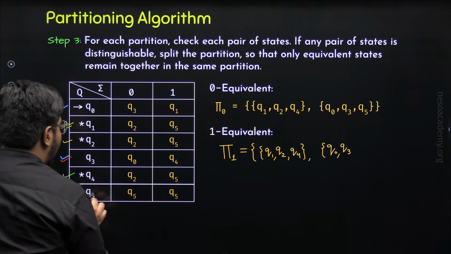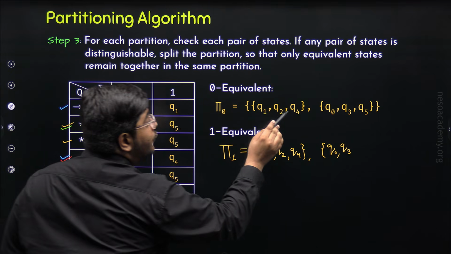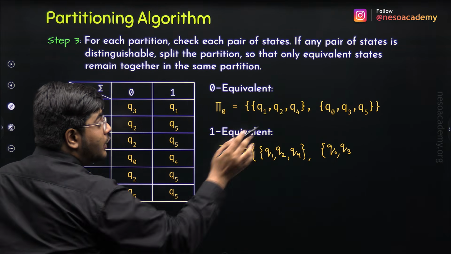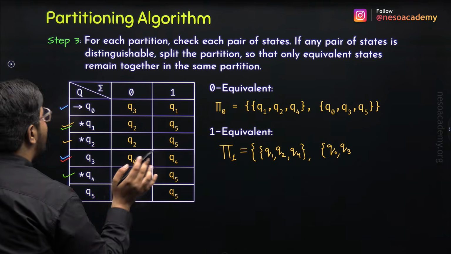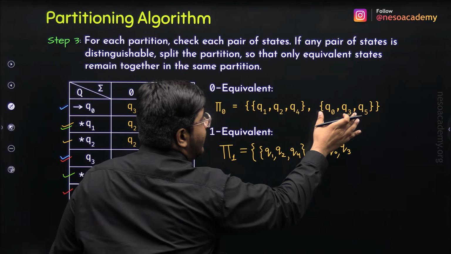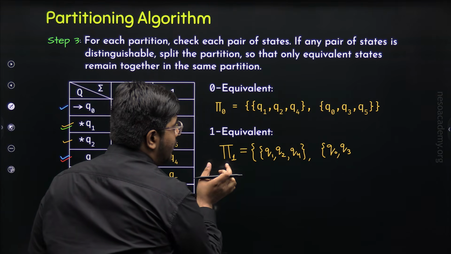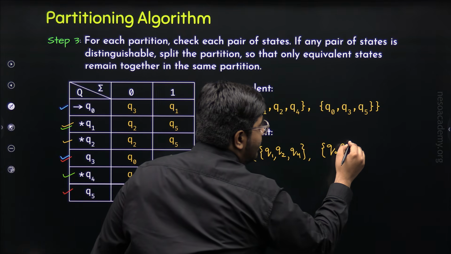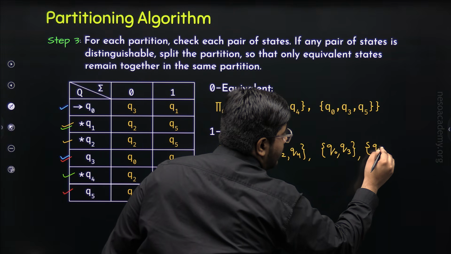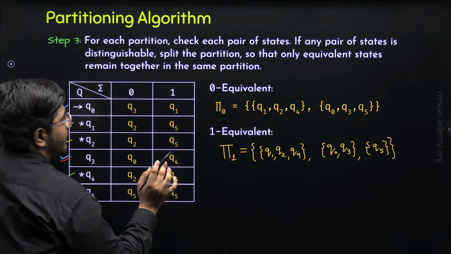Q3 gives Q4 and Q5 gives Q5. Now Q4 and Q5 belong to different sets. That means Q5 is not equivalent to Q3. And that is why Q5 cannot remain in the same set with Q0 and Q3. This means the second partition of our 1 equivalent will be only Q0 and Q3, and Q5 will be in the third partition separately. And in this way, we are done with our step number 3.